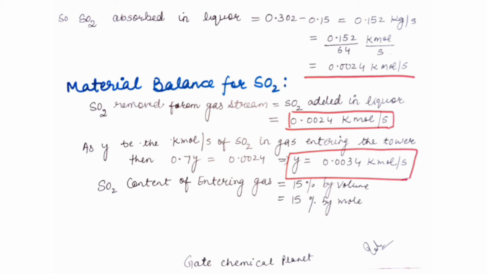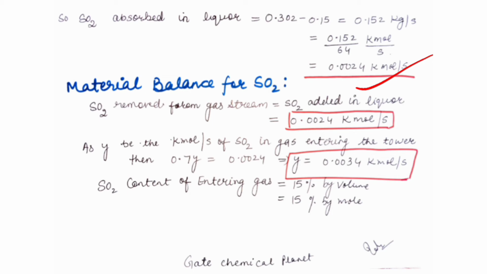We will get the answer in kilomoles per second, which equals 0.0024 kilomoles per second. Here 64 is the molar mass of SO2. So the answer we are getting is 0.0024 kilomoles per second of SO2 absorbed by the liquor.